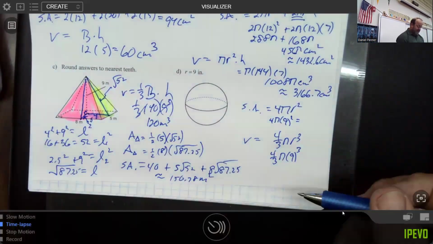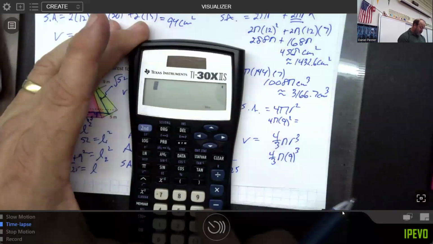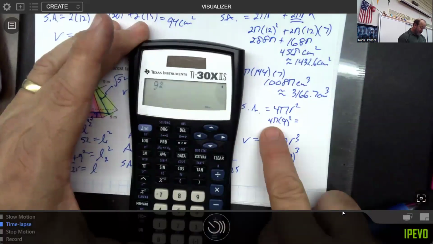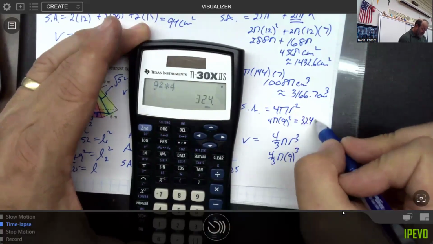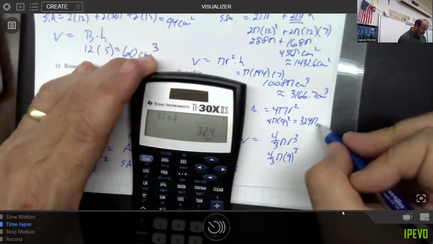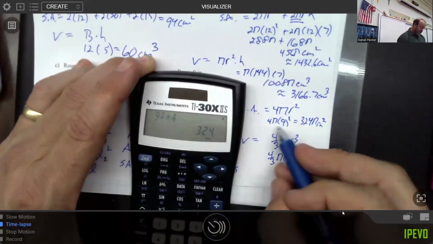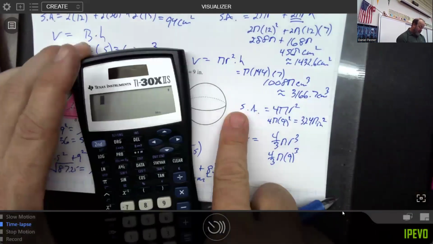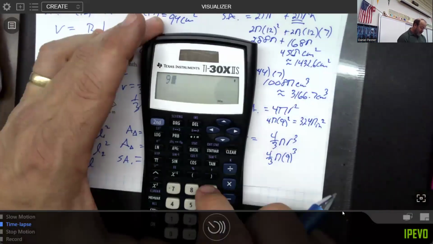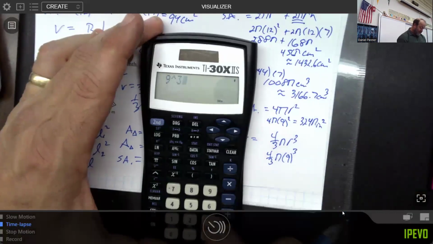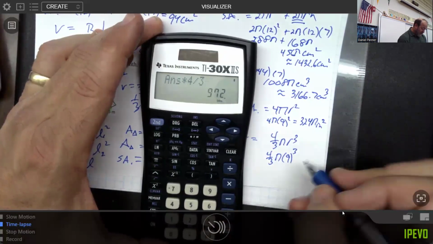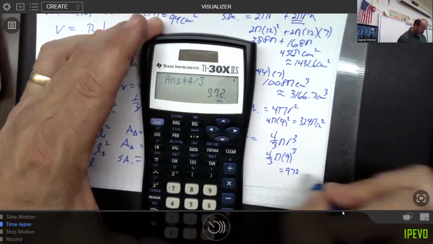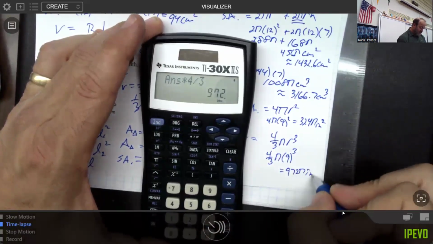And let's see, 9 squared times 4 would be 324 pi inches squared, because it's surface area. Volume is going to be cubed. So I'm going to have 9 cubed. I'm going to multiply that by 4 and divide by 3 for 4/3. And I got 972 pi inches cubed.